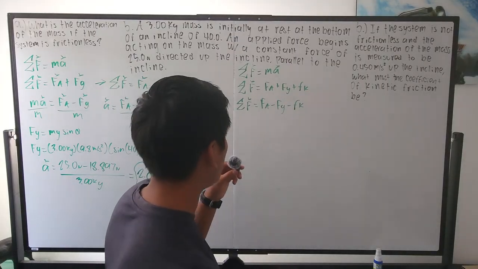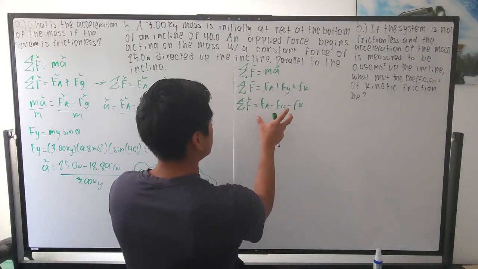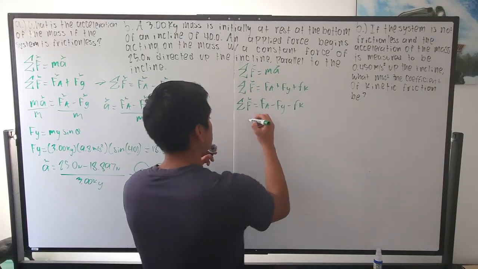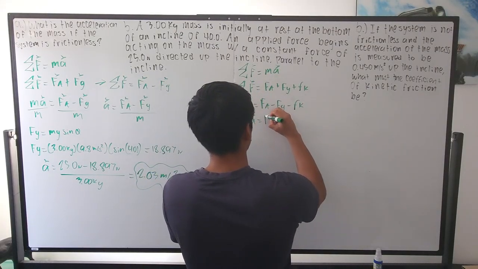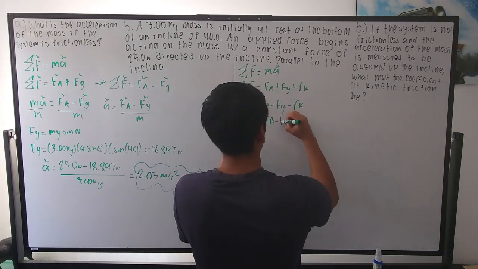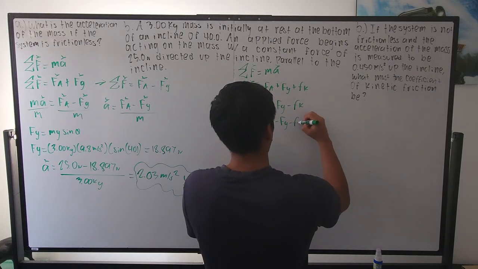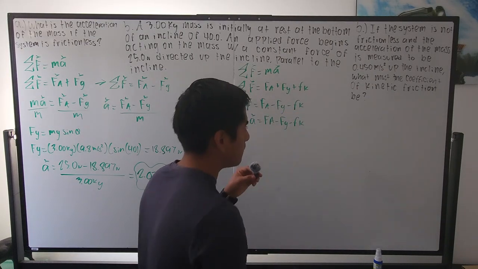It's going to be trying to stop my object. So now I'm going to set this equal to this one. So then I'll have the mass times the acceleration is equal to the applied force minus the force of gravity minus the force of kinetic friction.